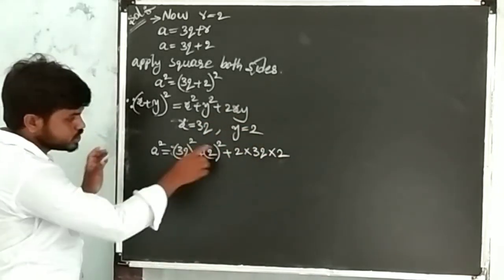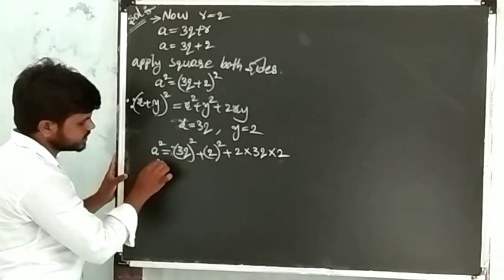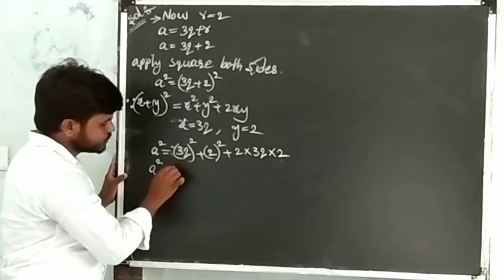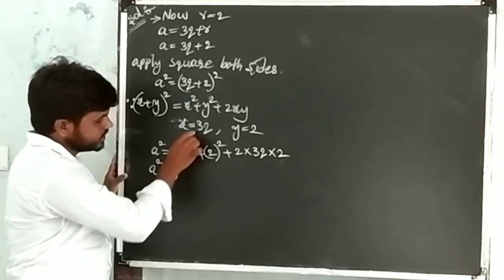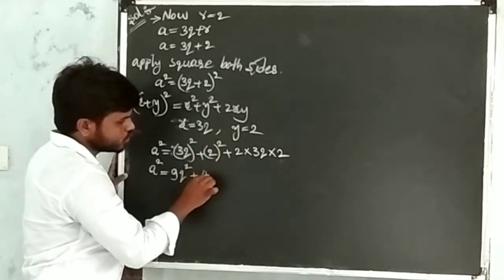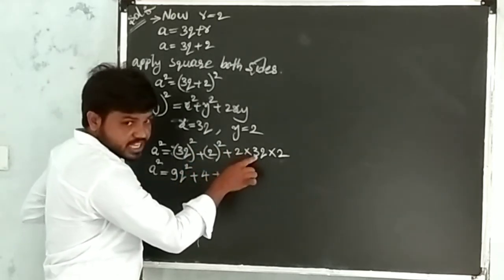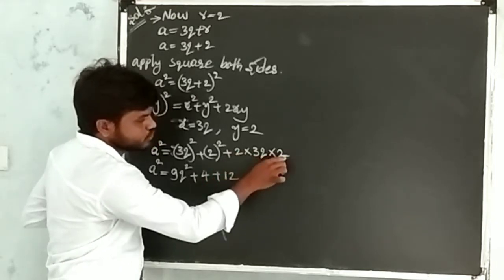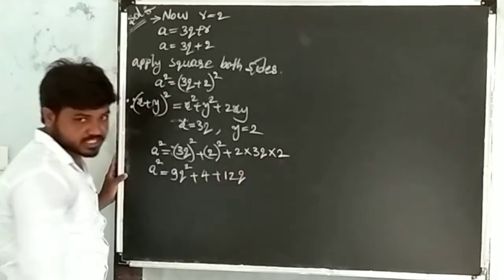Now simplify this. A squared equals: the square is applicable for 3 and q, so 3 squared is 9, q squared as it is, plus 2 squared is 4, plus 2 times 3 is 6, 6 times 2 is 12, q as it is.